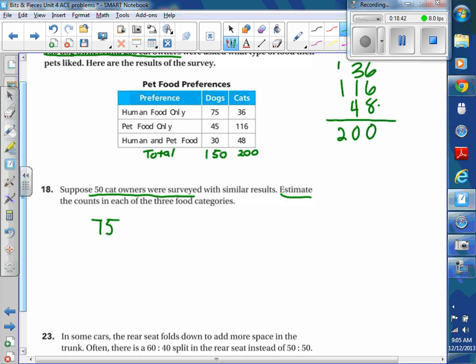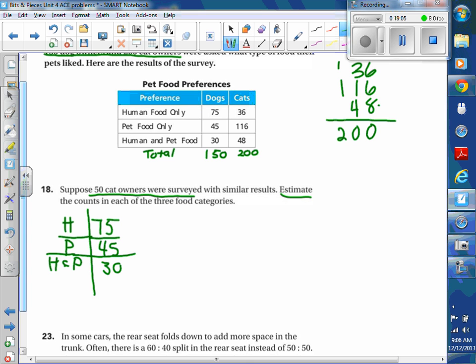So in other words, if you had human food, if that was 75, if I just look at this as a ratio table, that's dogs. 45, yes, 30, under the human, the pet, and the animals that eat both, you know, like your leftovers at dinner. That's like my dog.